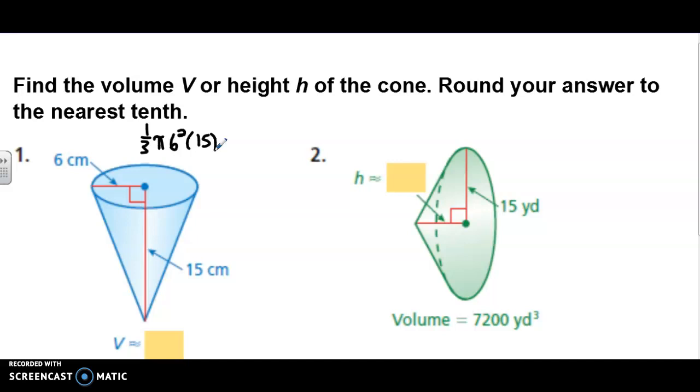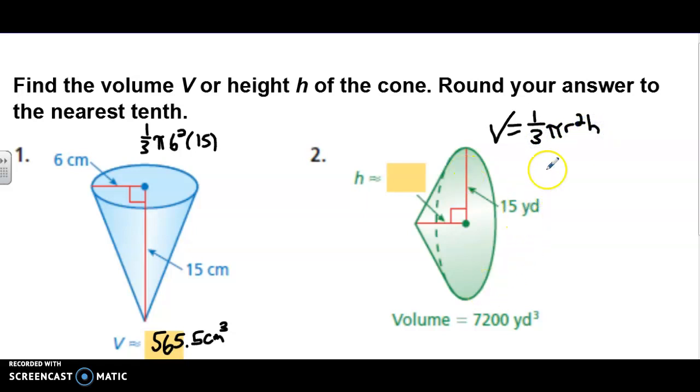You get 565.5. Let's see if I don't mess this up this time. That'd be centimeters cubed, because we're talking about the volume. Nailed it.